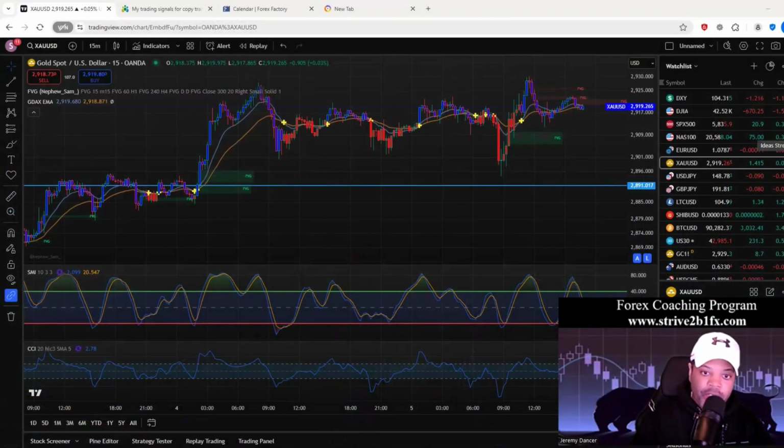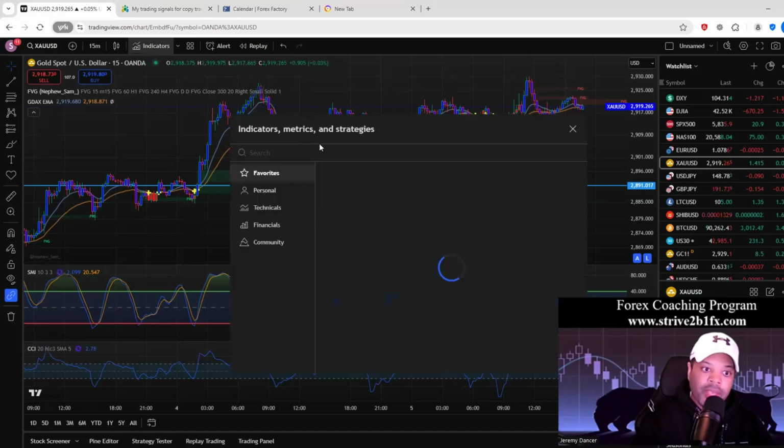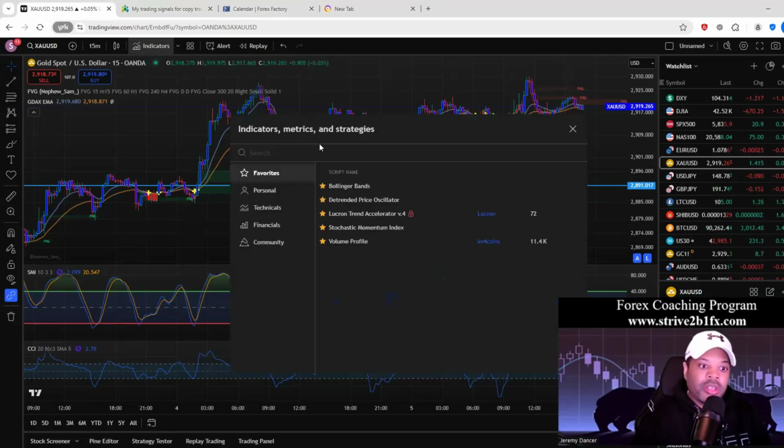Okay, so this right here is my trading view, or one of my trading views. I currently have two different trading views with different setups, but this is the one that has GDAX on it. And if you're looking for this indicator, the easiest way to find it is click on indicators and then just do a search for GDAX.